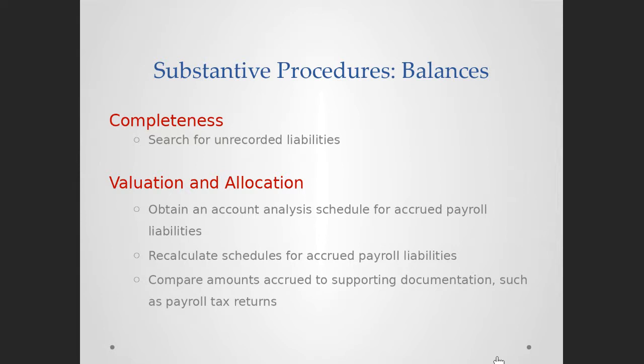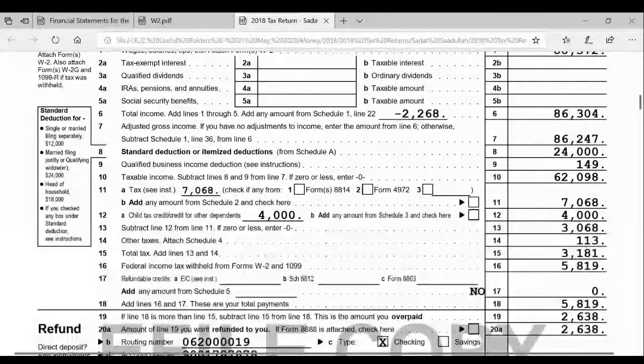So if we come here, look at this. This is a part of a tax return. The document is 18 pages. Do you see the numbers? This is just one part of one page. Just to give you an idea, look at line 6.